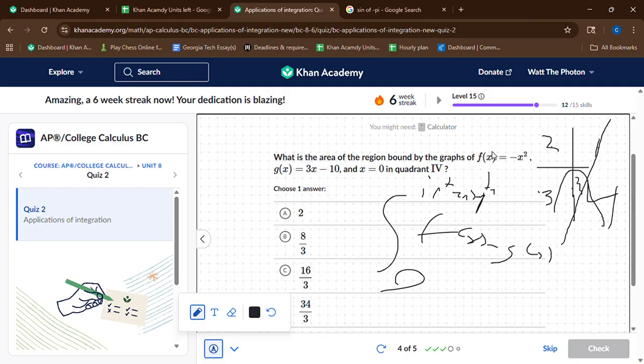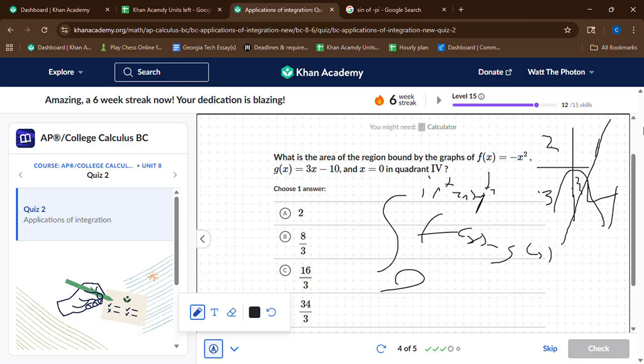So we have f of x is negative x squared. g of x is 3x minus 10. x equals negative 5.